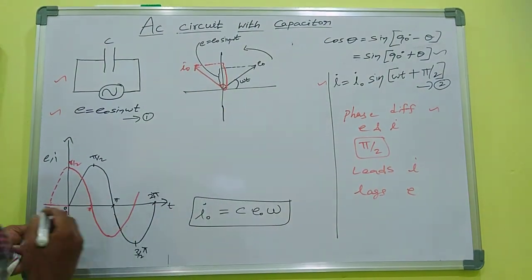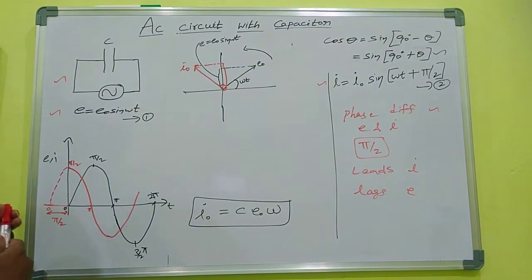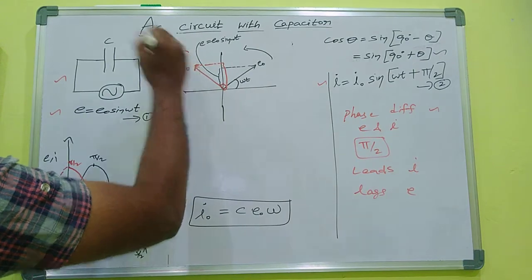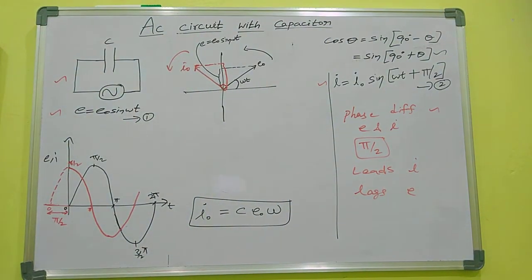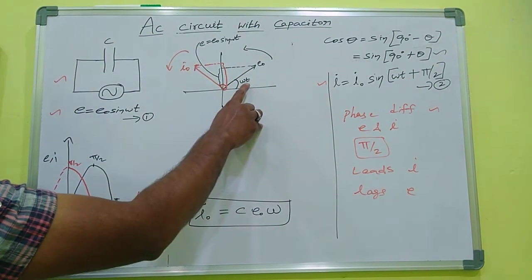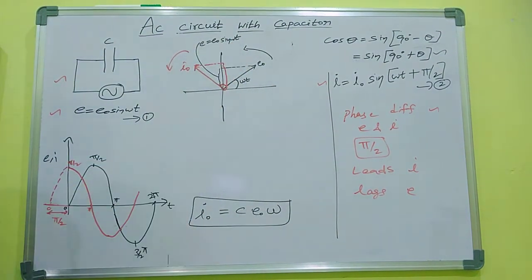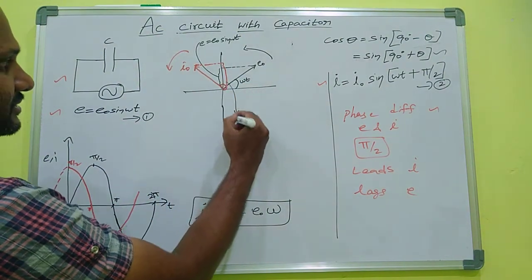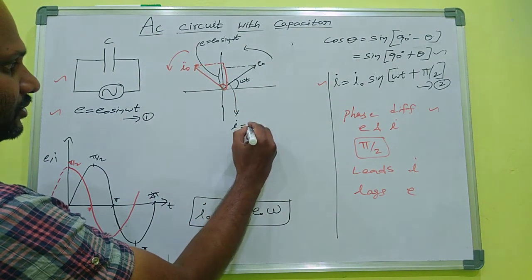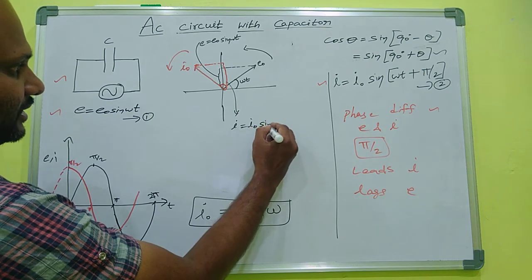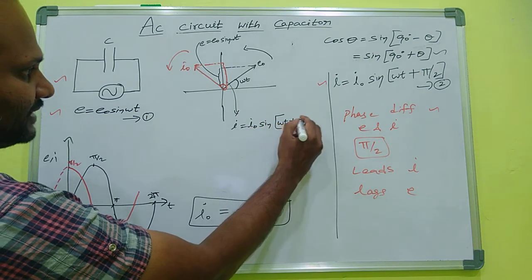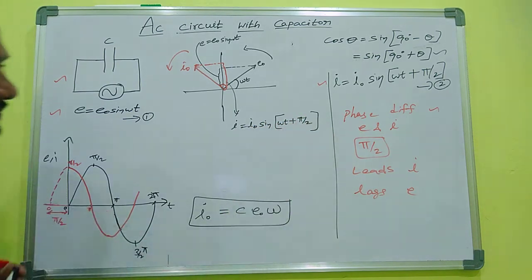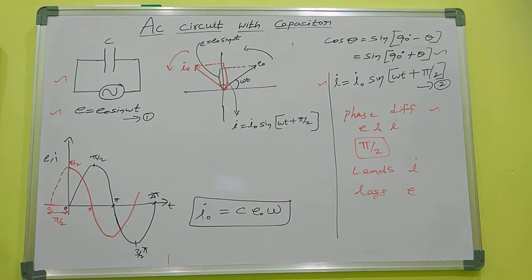Here the current vector is rotating in the anti-clockwise direction. Both are rotating in the anti-clockwise direction. What is the phase of EMF here? The phase is E equal to E0 sin omega t at that instant t. The current is I equal to I0 sin of omega t plus pi by 2. Don't forget, this is one of the most important things here.